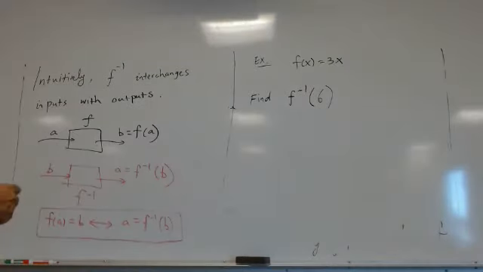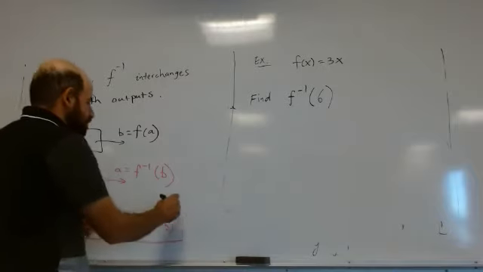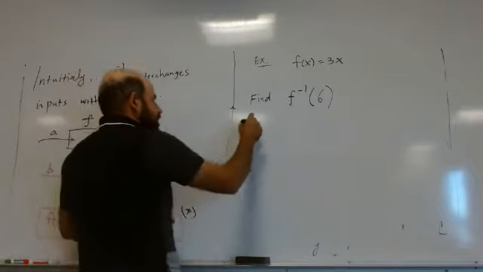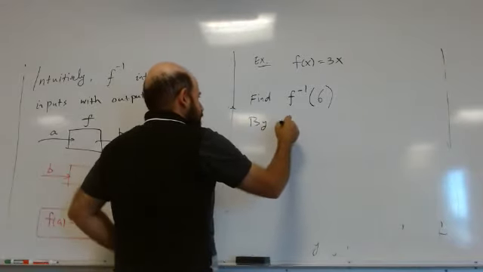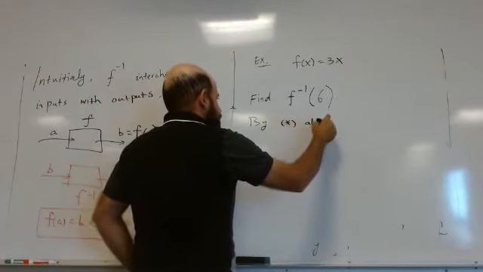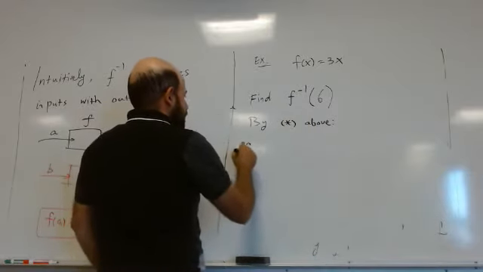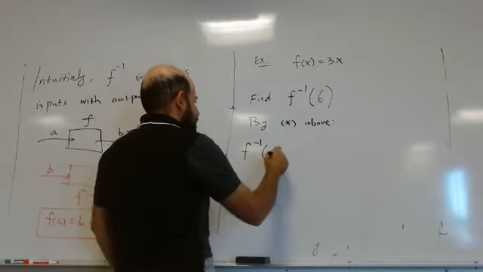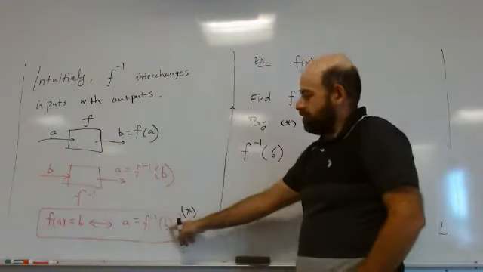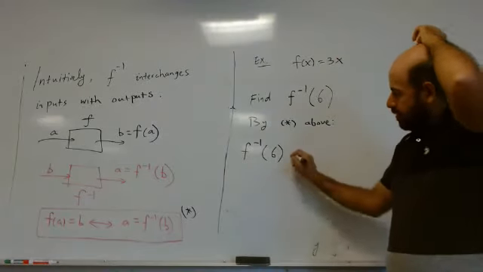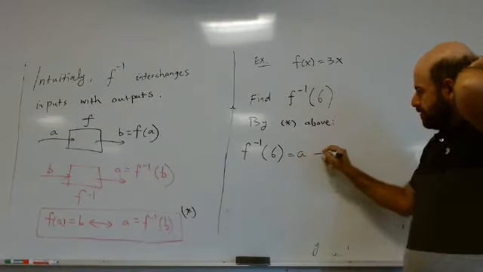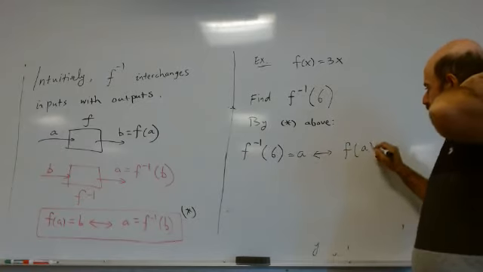To find f inverse of 6, we can use this connection that we expressed between a function f and its inverse. If I call this one star, then by star above, if I set f inverse of 6 equal to A, this is the same as saying that f of A is equal to 6.